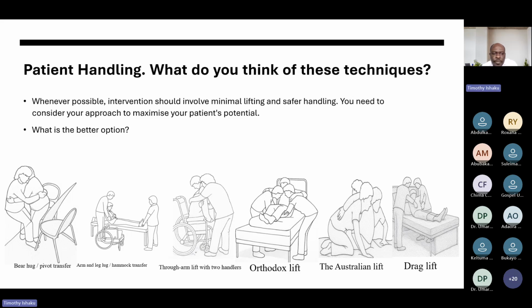Oh, okay. So what do people think of these techniques? We have different techniques on the PowerPoint. Is it something we tend to use or not use? And do we have an alternative to it?